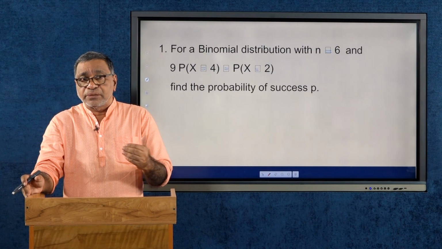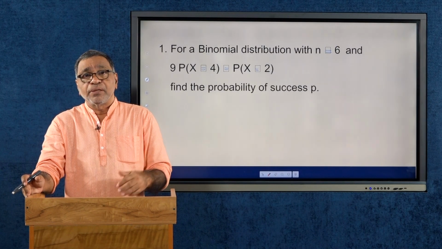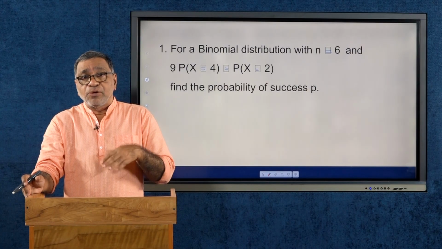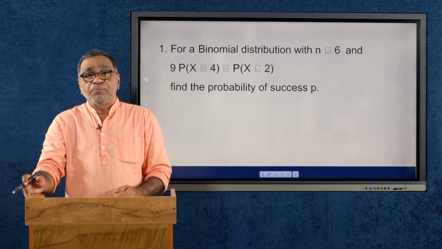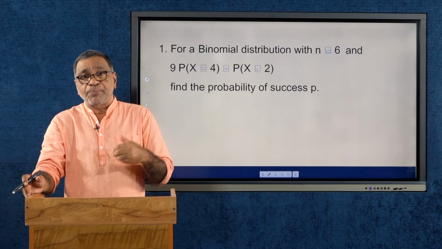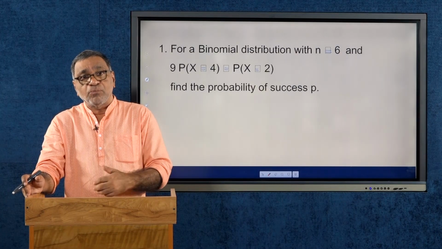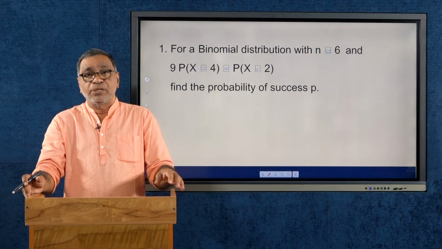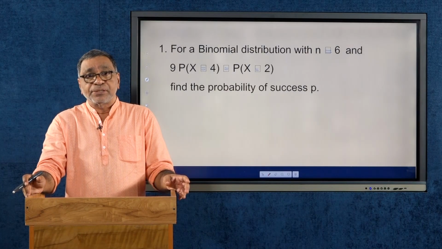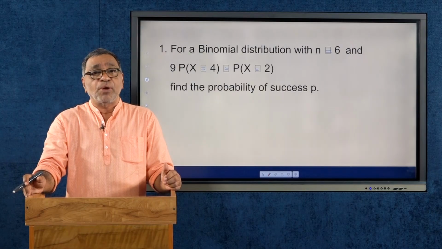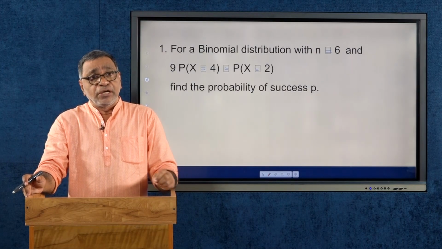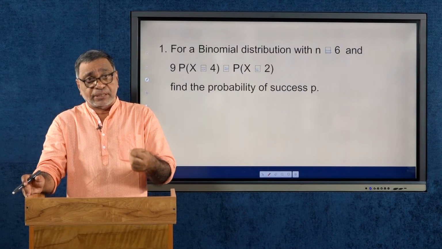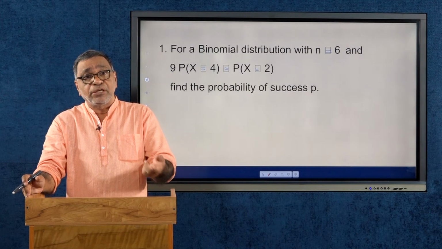So, this is an example of a problem where the binomial distribution is mentioned, but the parameters n and p are not both given to you. How do you find the parameter value? Here the first parameter n is equal to 6 is given to you. In order to find the second parameter p, you are given an equation.